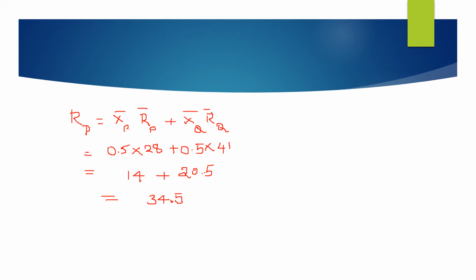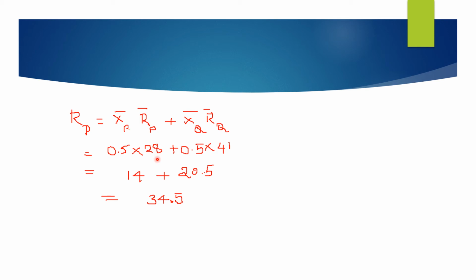In the problem they have given it as 50%. So 50% means you can take it as 0.5. 0.5 into R bar P, which we have already calculated.